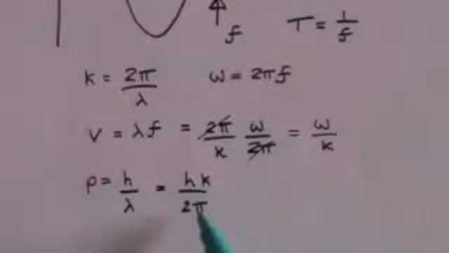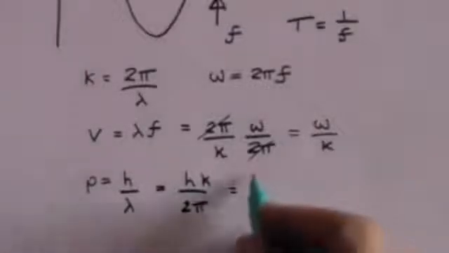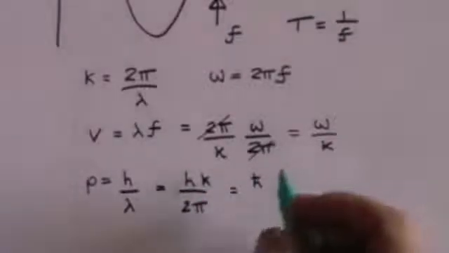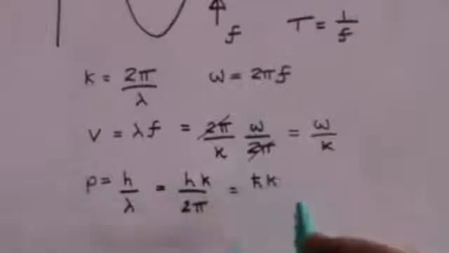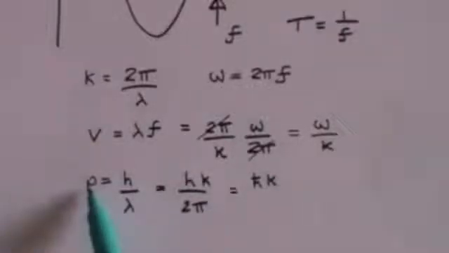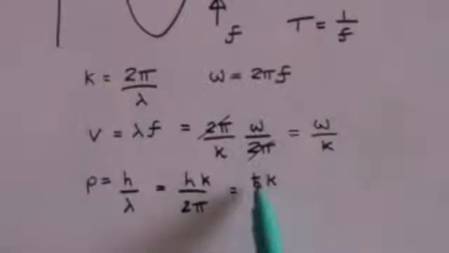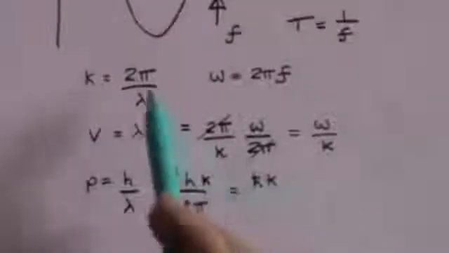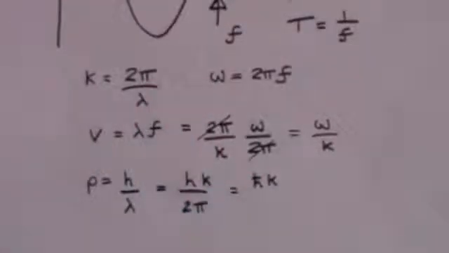H over 2 pi is often written as h bar. It is the reduced version of Planck's constant. H bar is simply Planck's constant divided by 2 pi, times k. And so we've now shown that the momentum of the wave is h bar times k, the wave number, and k is 2 pi over lambda.